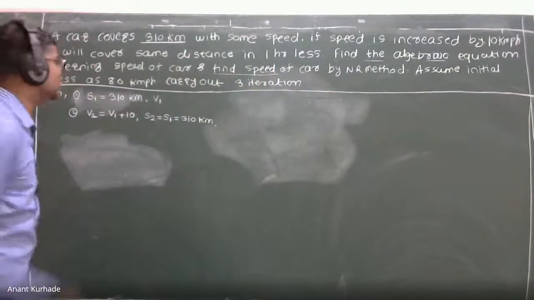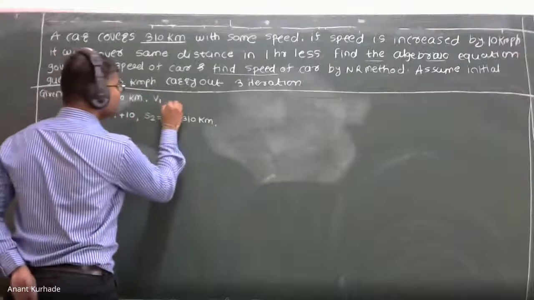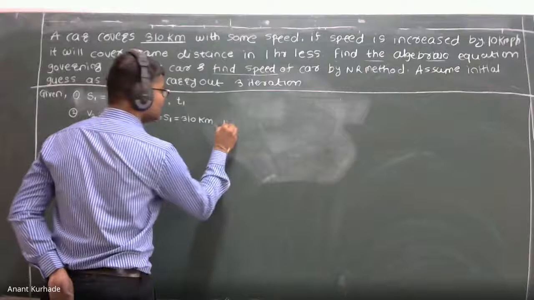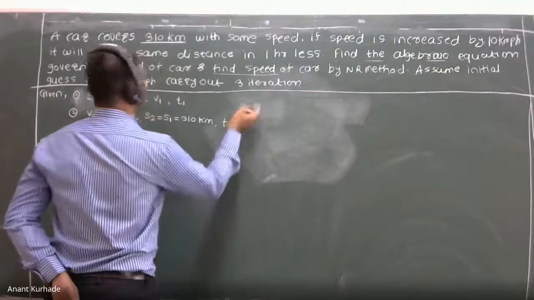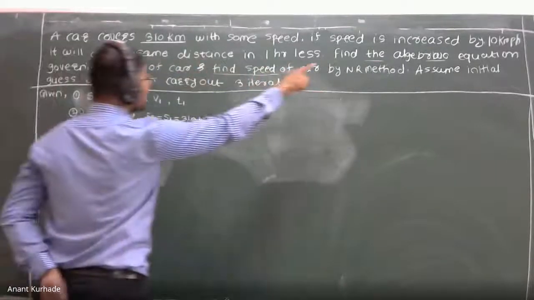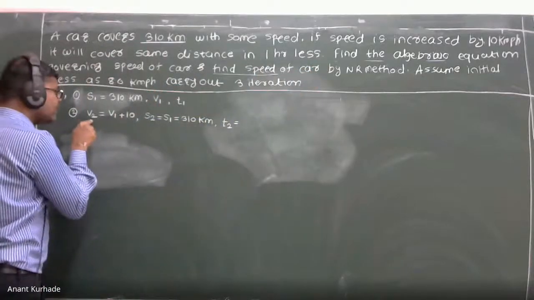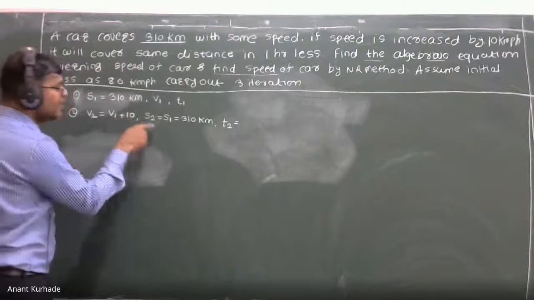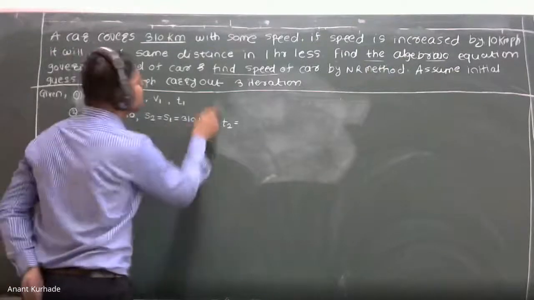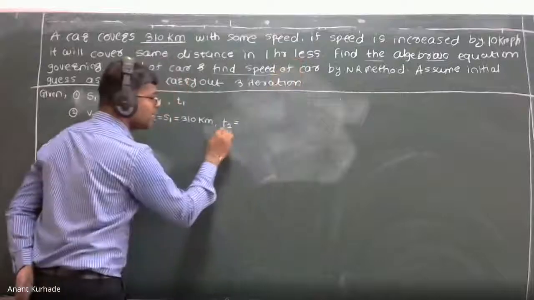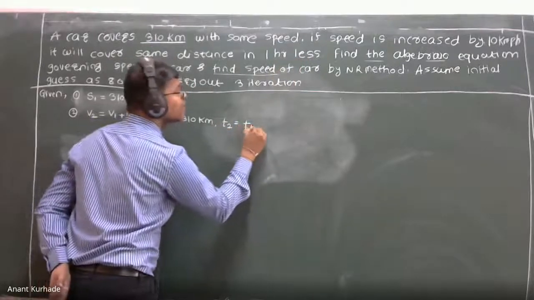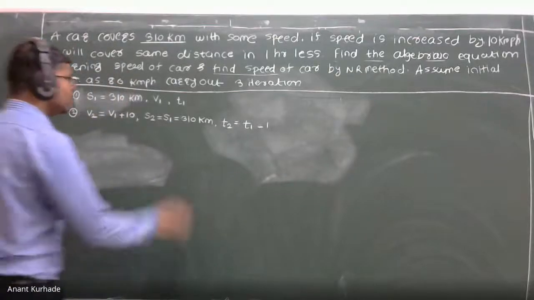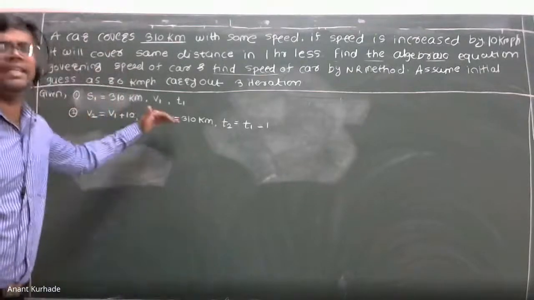If the first condition takes time T1, then for the second condition, with velocity V1 plus 10, it will cover the same distance in T1 minus 1.